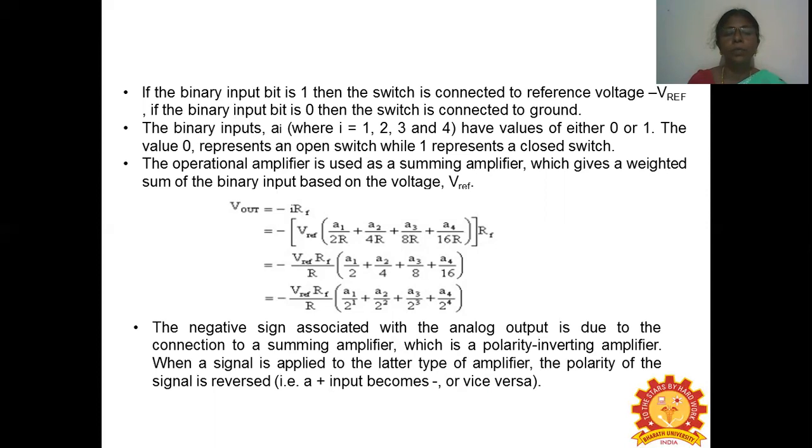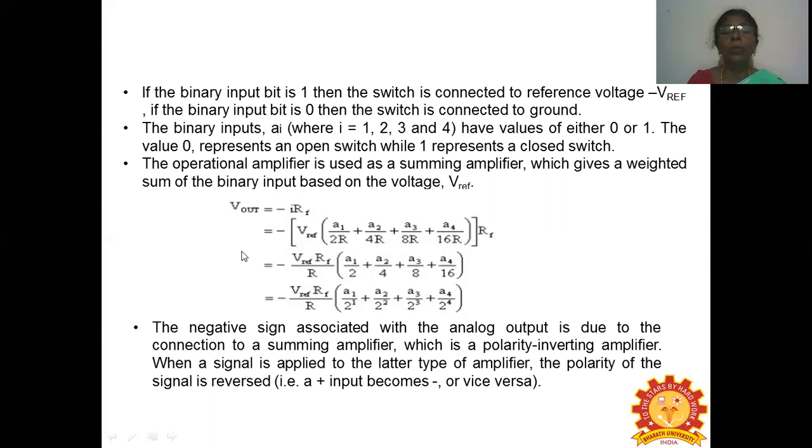So here, substitute the value of I by using Ohm's law. Therefore, minus V reference into A1 by 2R plus A2 by 4R plus A3 by 8R plus A4 by 16R, multiplied by the feedback resistance RF, is equal to minus V reference into RF divided by R. In the denominator we have a common R value, so take it outside.